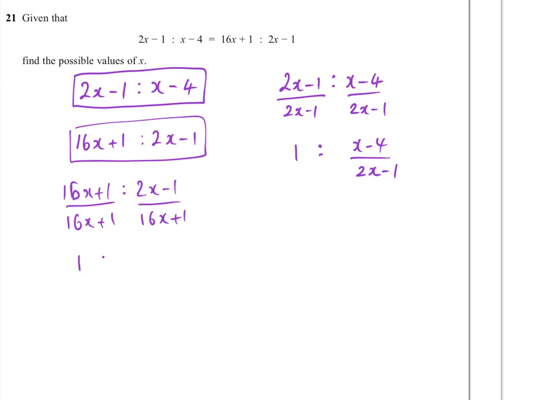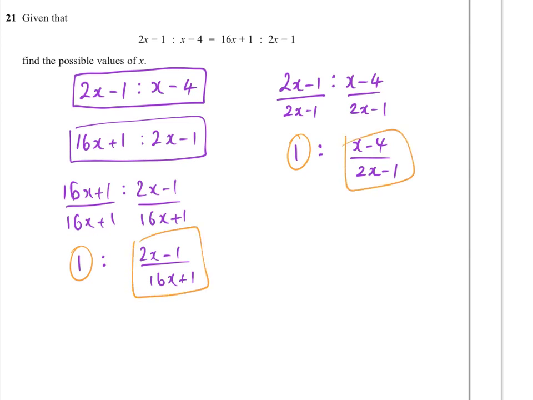And that makes the left hand side again 1, and that's really good, because if the left hand side of this is 1 and the left hand side of this is 1, that means that this and this are in the same ratio. So I can write 2x minus 1 over 16x plus 1 is going to be the same as x minus 4 over 2x minus 1.